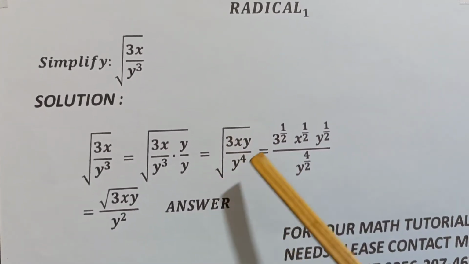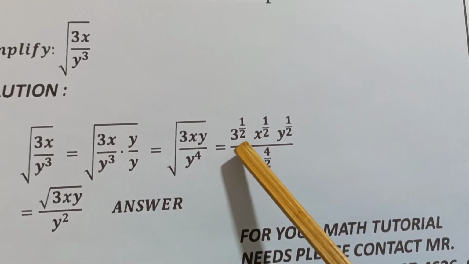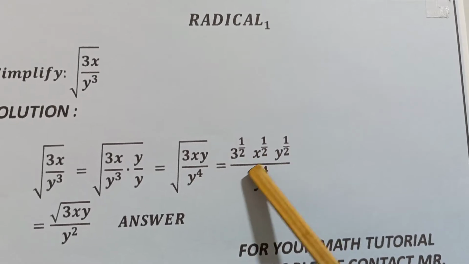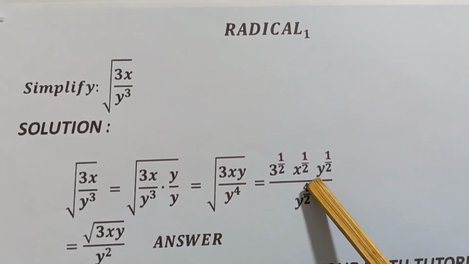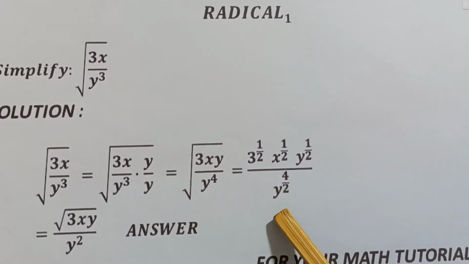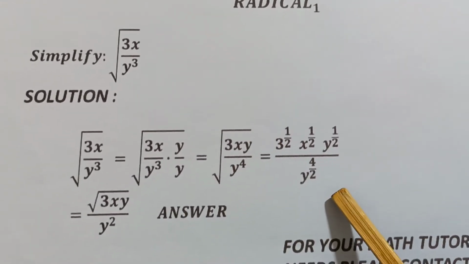Fractional exponents, no? So 3 will be 3 raised to 1 half, that is square root, no? And x is equal to x to the 1 half, y to the 1 half, no? And this one, y to the 4 over 2, since this is square root, no?